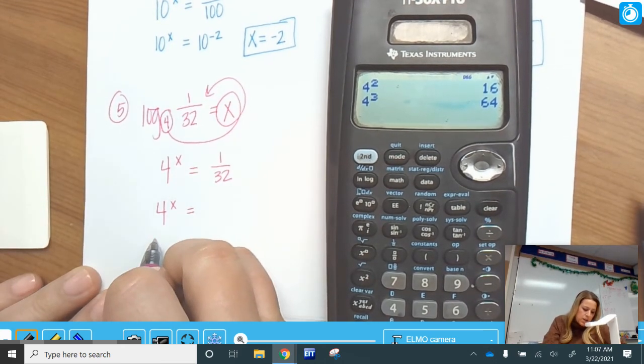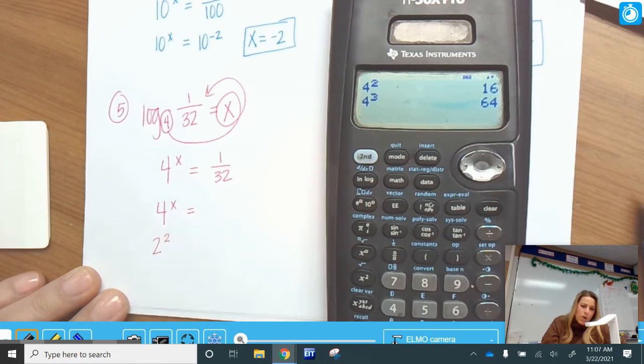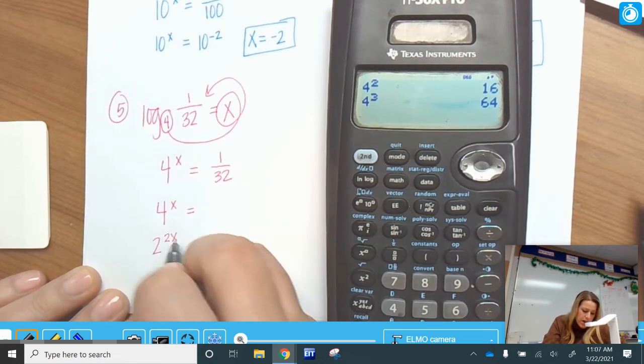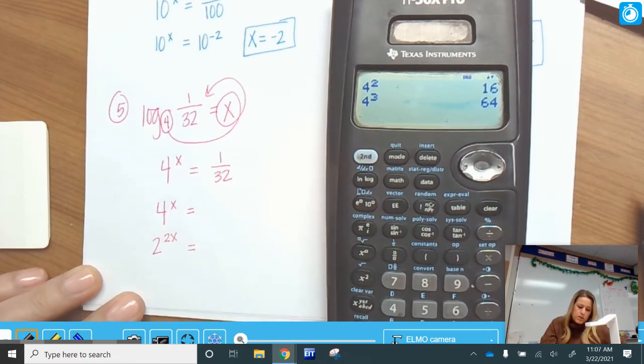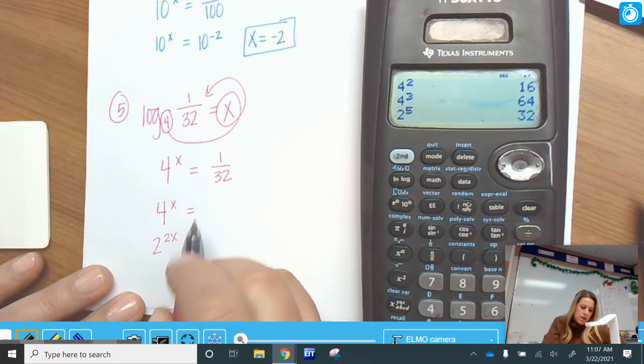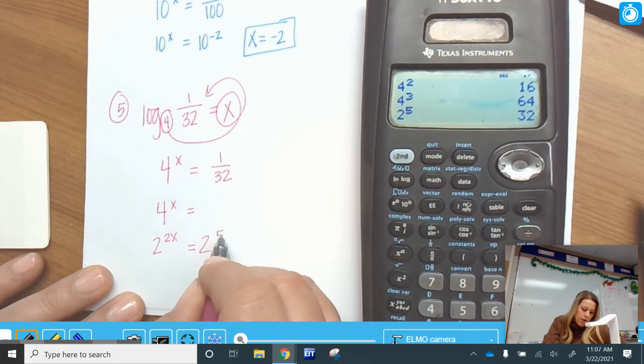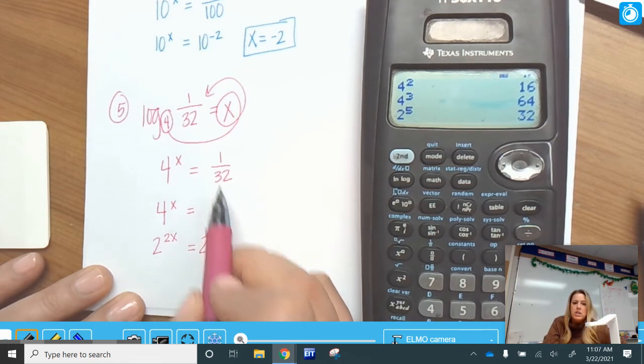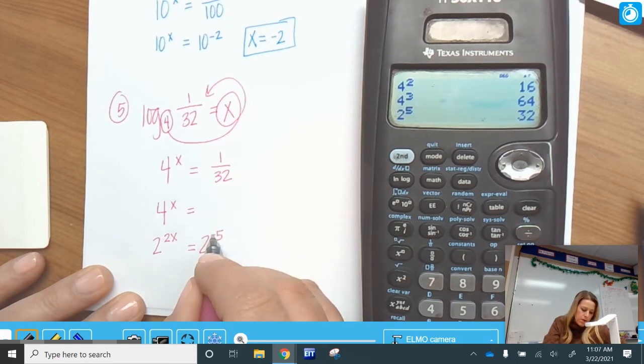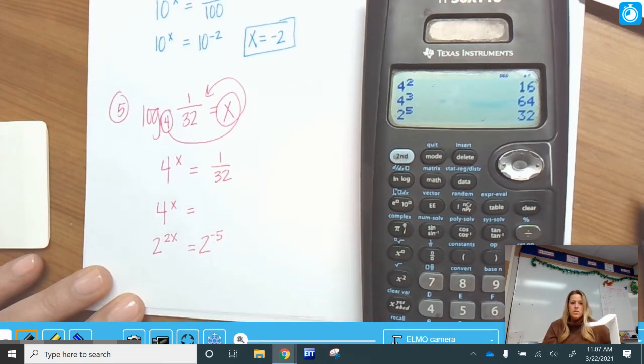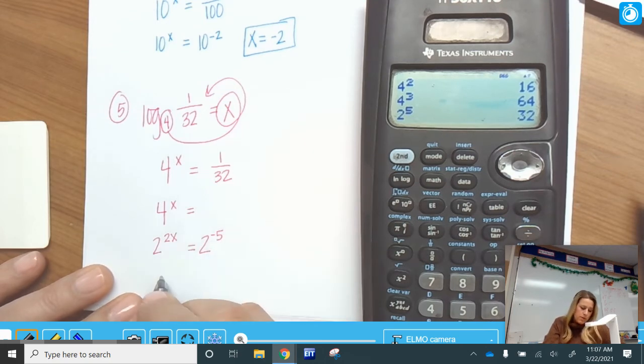So this now is going to become 2 to the second power. That's still 4, but I need to have my x there. So 2 raised to the, I think it's the 5th power. Yep, that's 32. So 2 raised to the 5th power. However, this is a fraction, so this is going to become a negative. That means I'm going to get 2x equals negative 5.